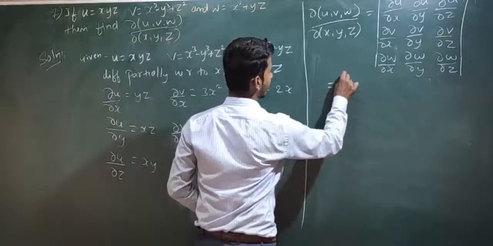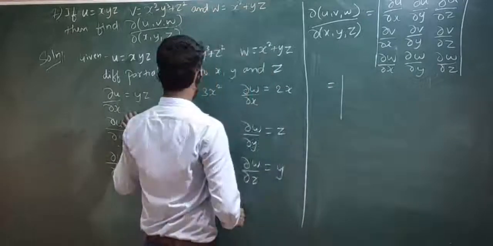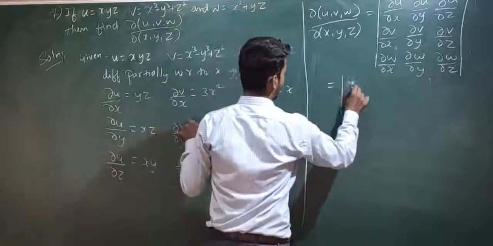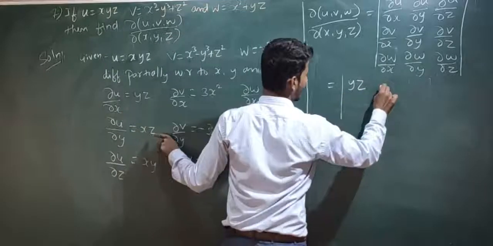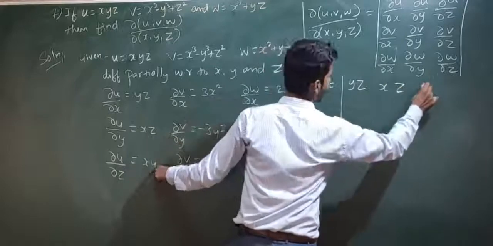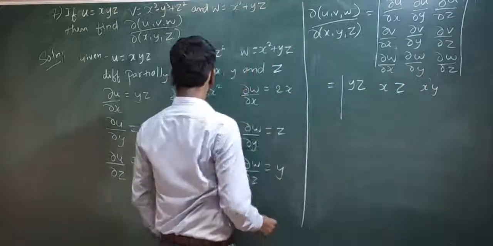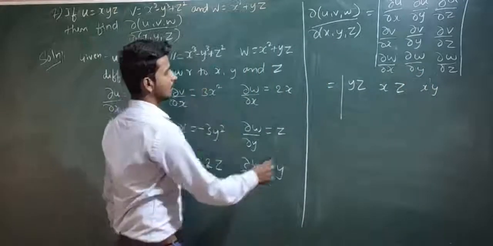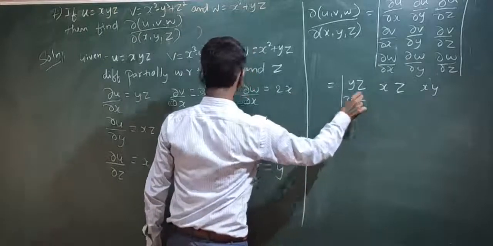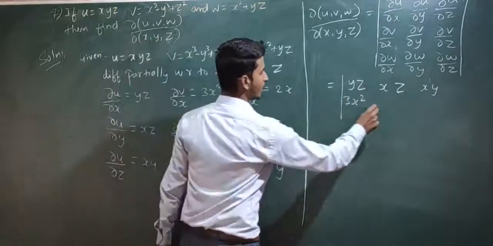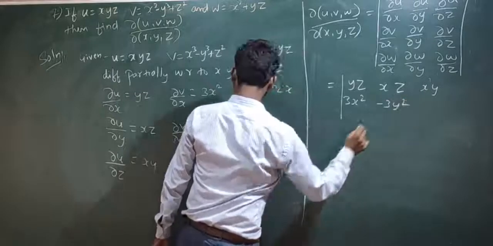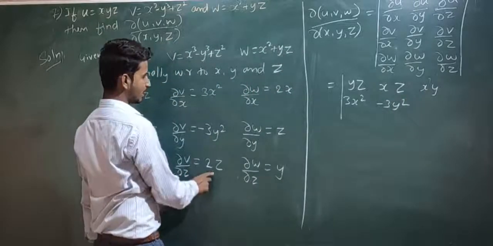∂u/∂x is yz, xz and xy. Next these values: 3x², minus 3y², and ∂v/∂z, that is 2z.